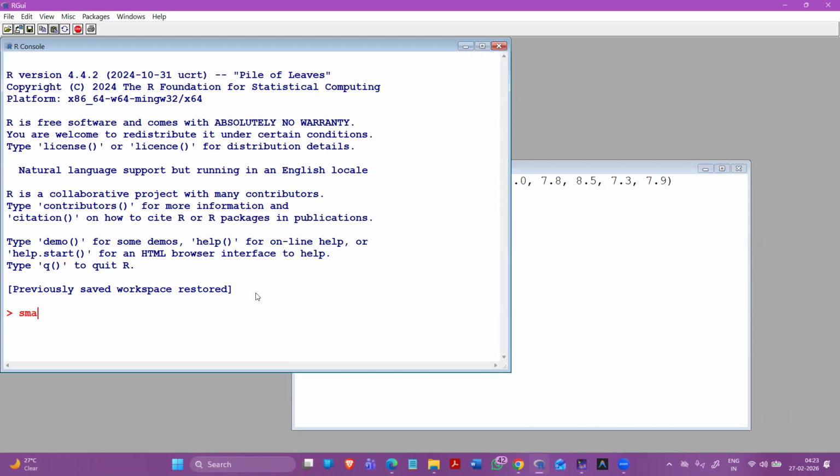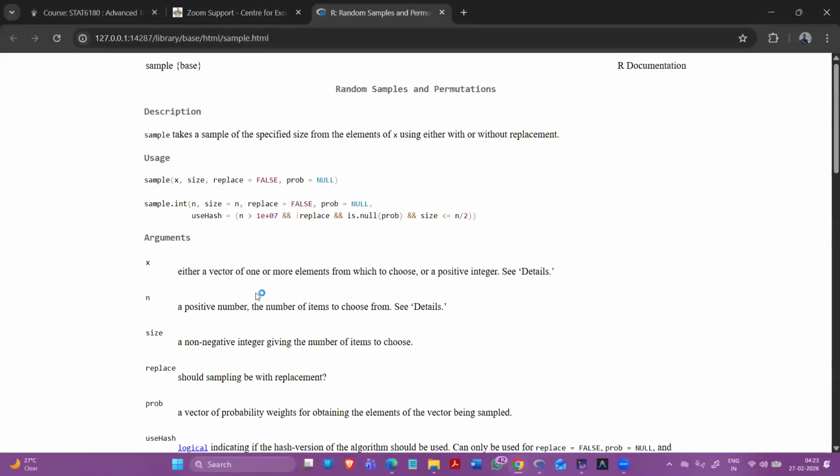Check the help: sample, data vector, size, replace equals false, probability is null.